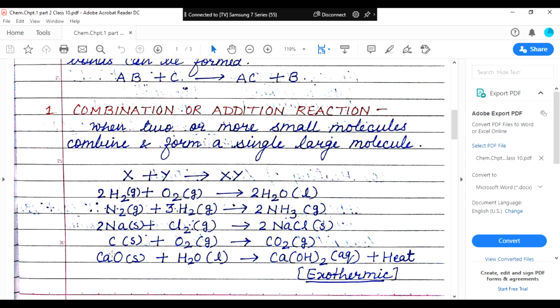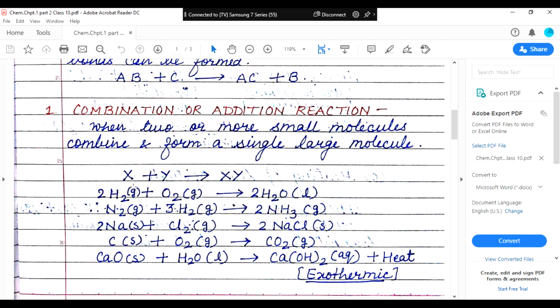When carbon burns in air, it reacts with oxygen and forms carbon dioxide. Calcium oxide when dissolved in water, it forms calcium hydroxide and heat is released.